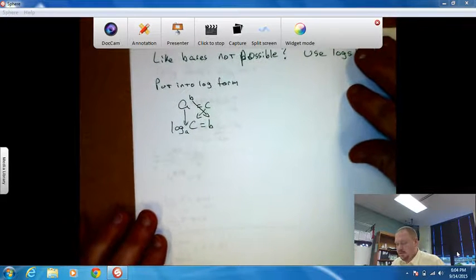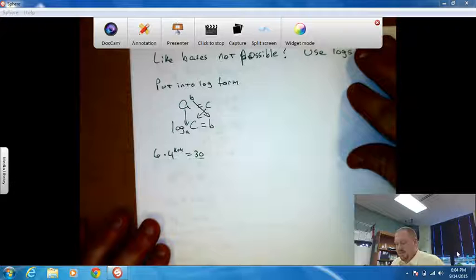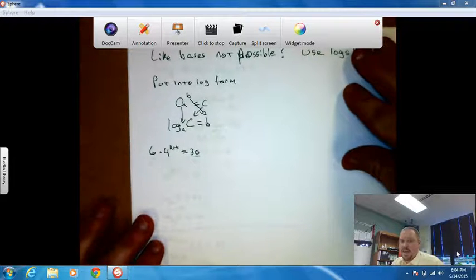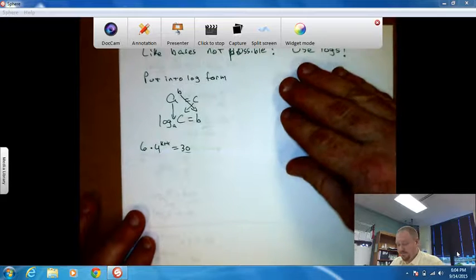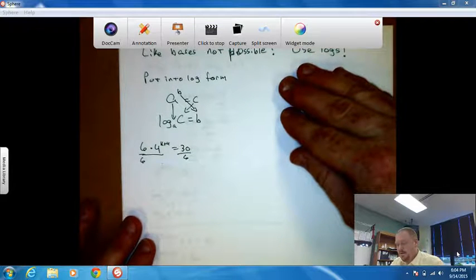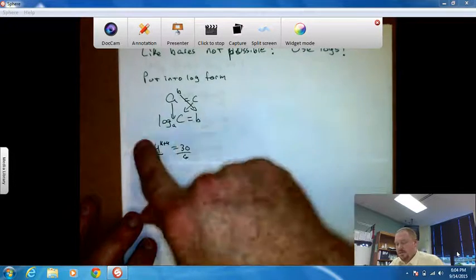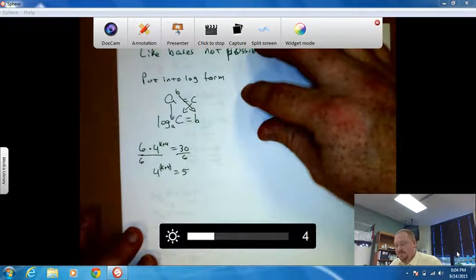So here's an example. I have 6 times 4 to the k plus 4 equals 30. Now, you have to get the power by itself. So divide both sides by 6. The 6's cancel. 30 divided by 6 is 5.